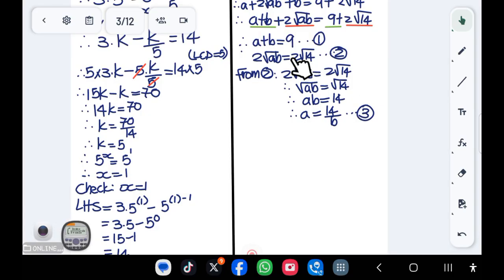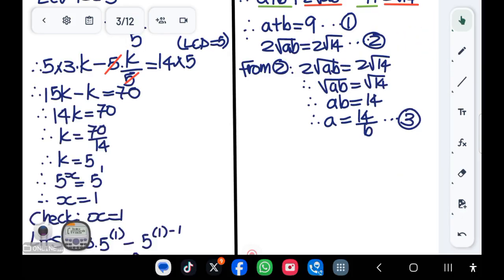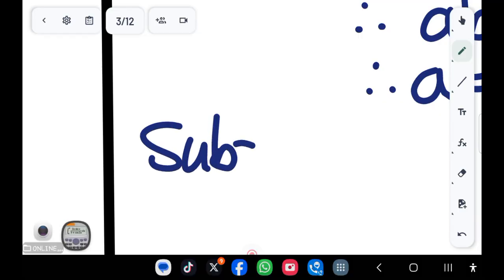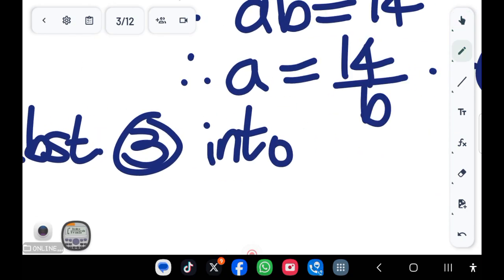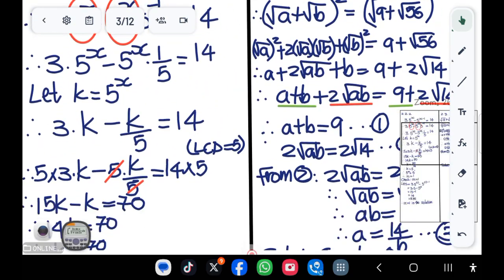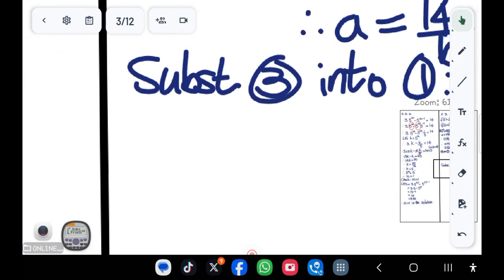Now substitute equation 3 into equation 1, because that was from 2. Therefore what we have is this. Wherever there is a, we put 14 over b.